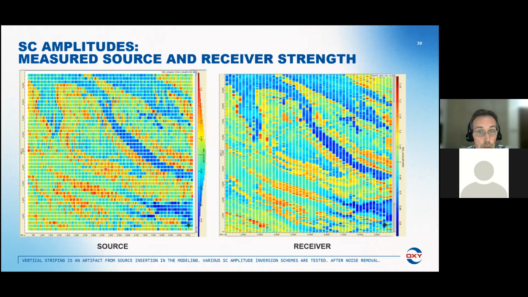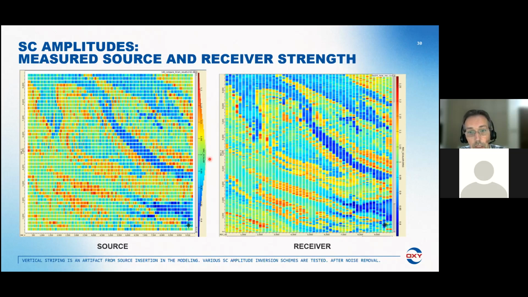Speaking of surface consistent amplitudes, on the left we have the source map again, on the right the receiver map for the full model. And we have the measured source and receiver strength. And you will see obviously that it looks a lot like some earlier maps we have seen of the near surface geology.